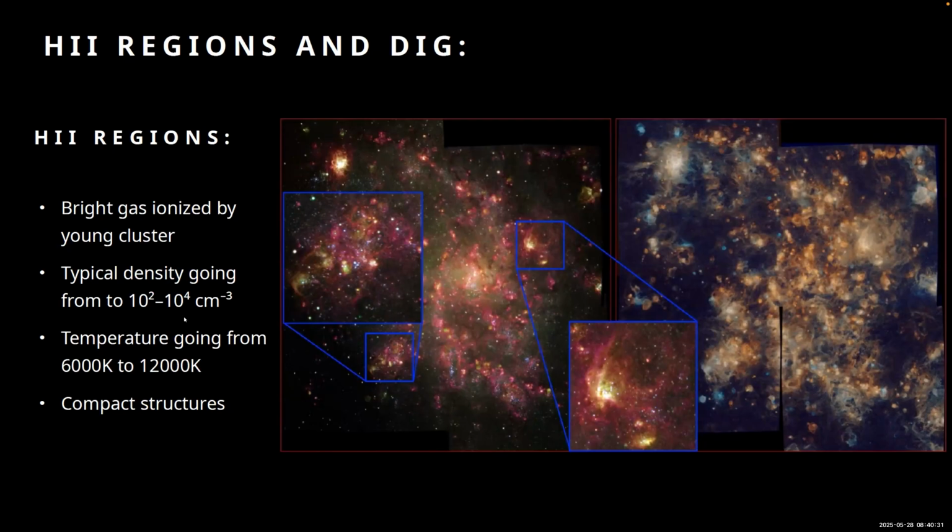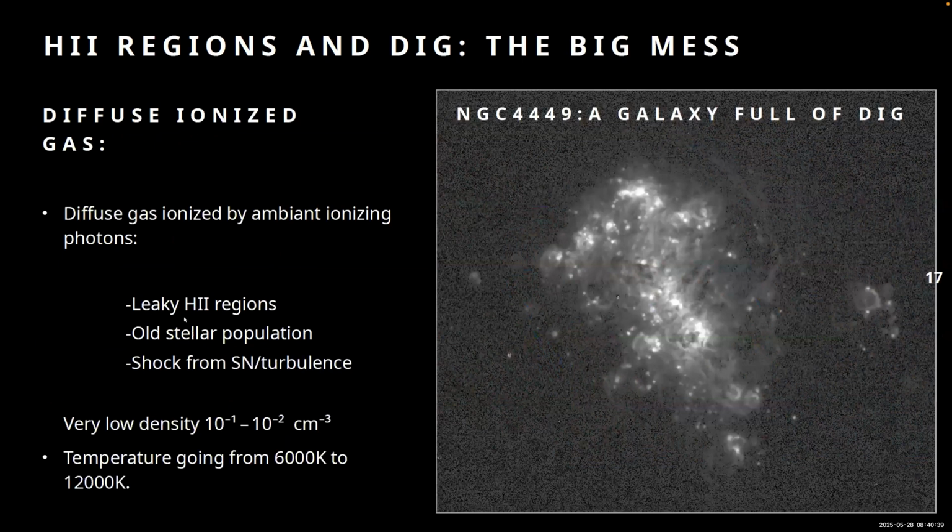So one of the solutions is to have a bigger aperture, so you're pretty sure that you have completely your object. However, if you do this, you have another problem, which is the diffuse ionized gas. So I wanted to show this example here, which is NGC 4449, a small irregular galaxy which is completely embedded in diffuse ionized gas.